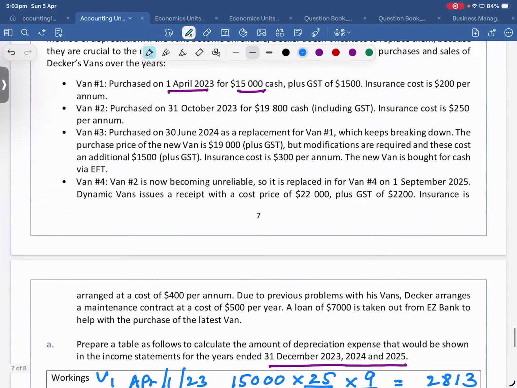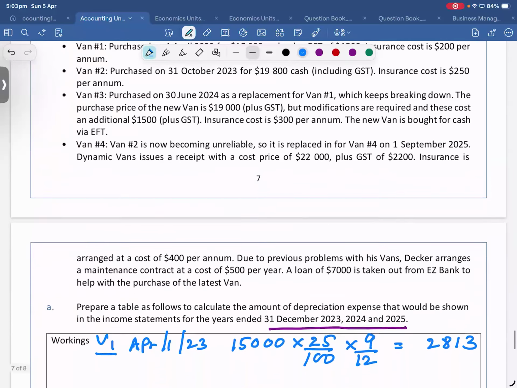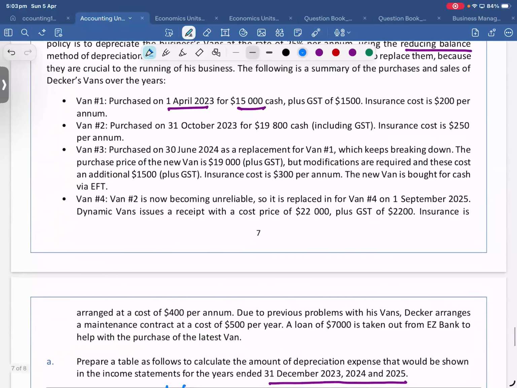Now shall we keep going with this one firstly? We'll finish this one. When is it going to be replaced? 30th June 24. Van 3 purchased on 30th June 24 as a replacement for van 1. That means we are replacing after 6 months, so we will be using this one again for 6 months.